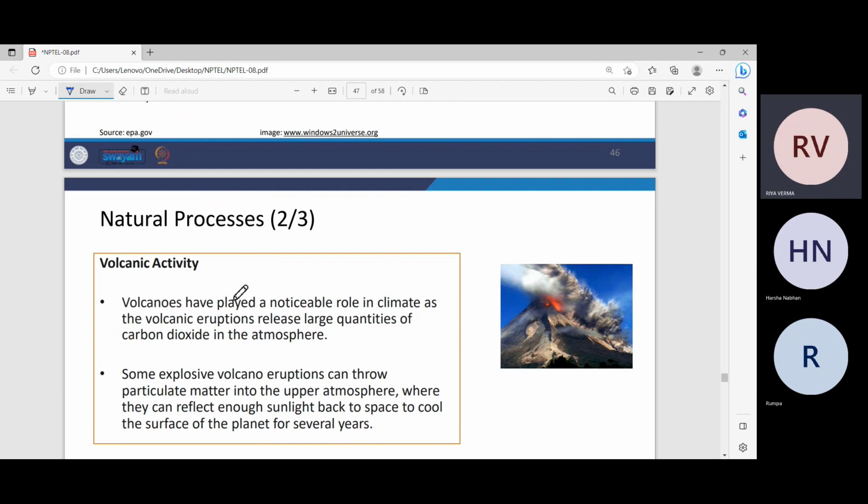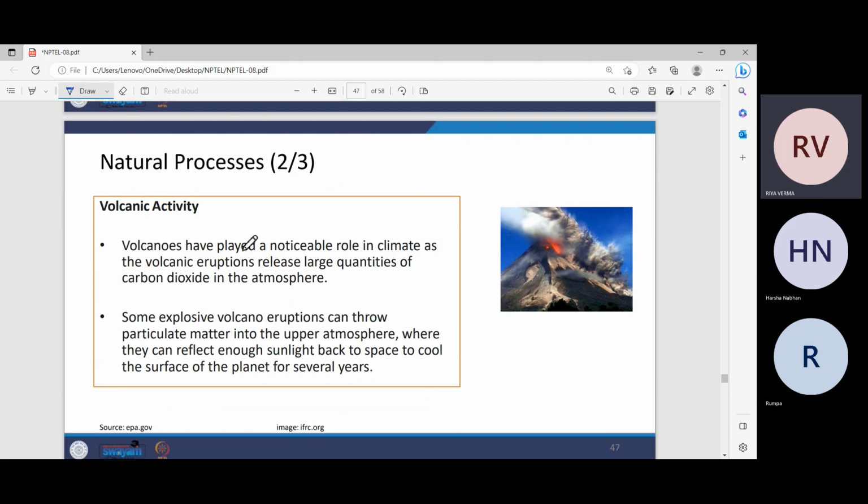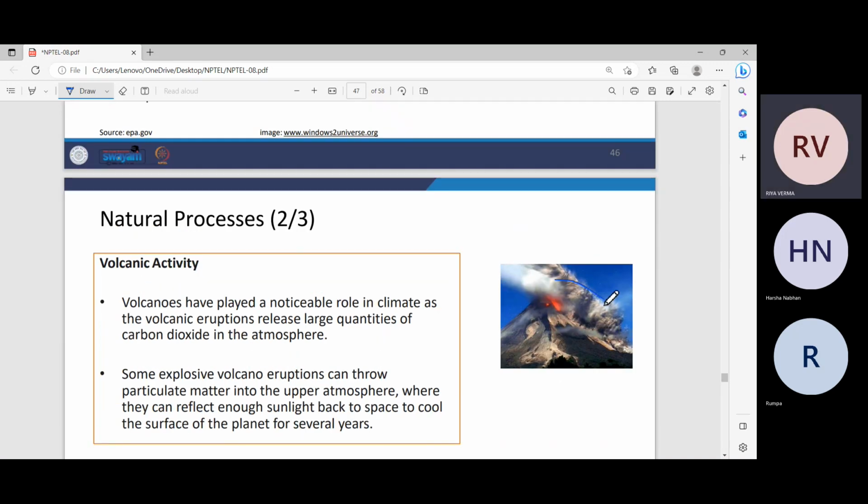Now, next we have volcanic activities. Volcanoes have played a noticeable role in the climate as volcanic eruptions release large quantities of carbon dioxide into the atmosphere. Some explosive volcanic eruptions can throw particulate matter into the atmosphere, and these tend to act as a blanket in the upper atmosphere where they can reflect enough sunlight.